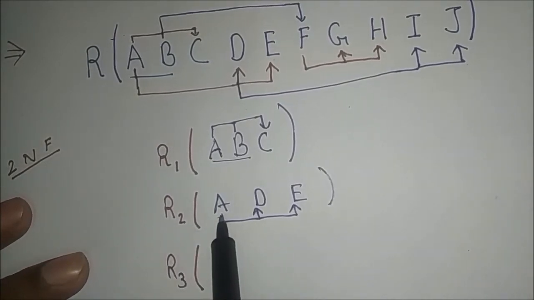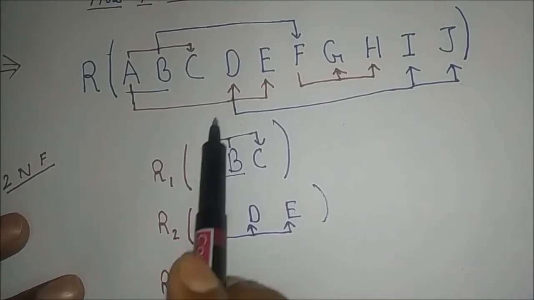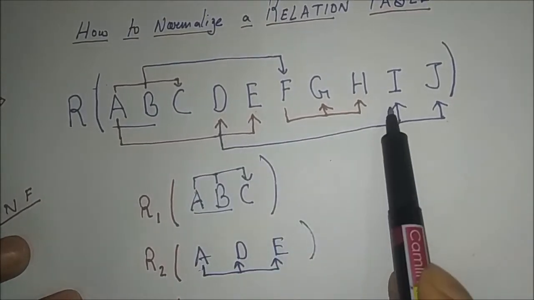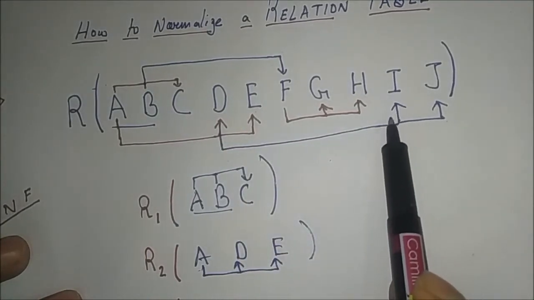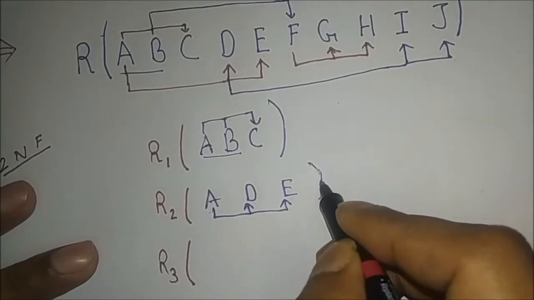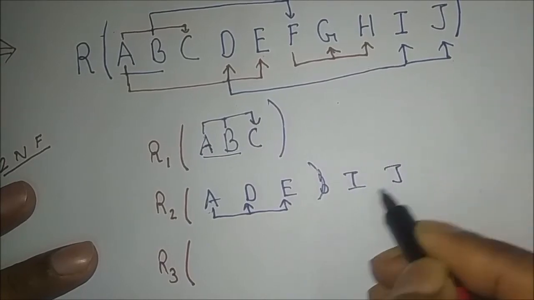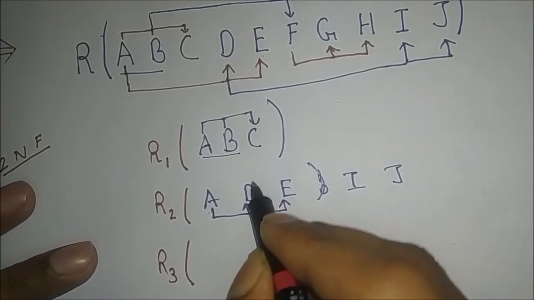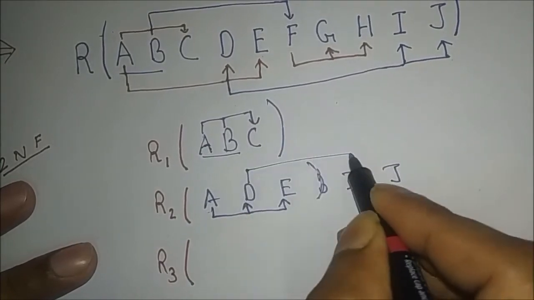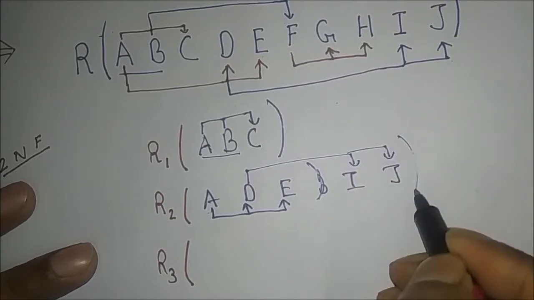Now from D we are also having I and J dependency. So we'll write here I, J. It is coming from D.